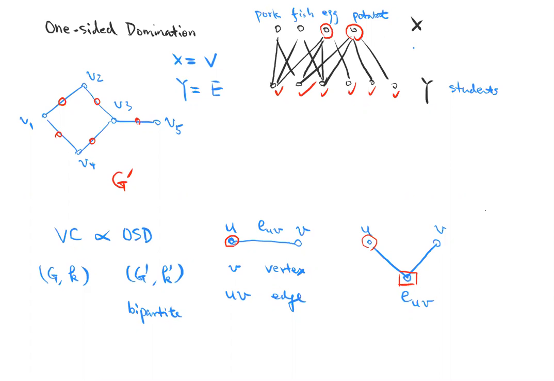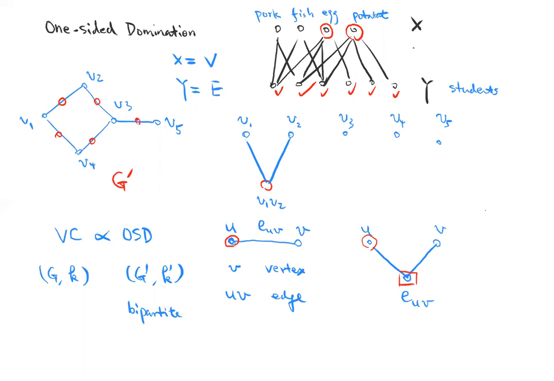Now the red one, V1, V2, is this edge V1, V2, so we have a connection here.